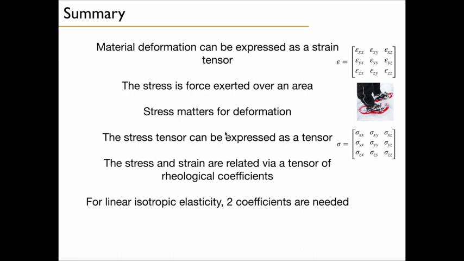The stress can be expressed as a tensor, and the stress and strain are related via a tensor of rigidity coefficients. And the good news is that for our case of linear isotropic elasticity, only 2 coefficients will be needed to describe the rheology of the material.